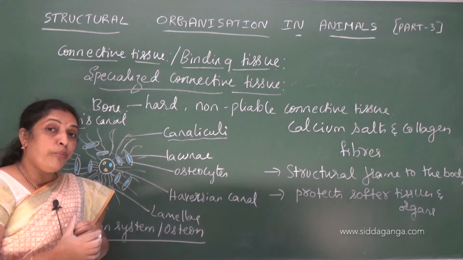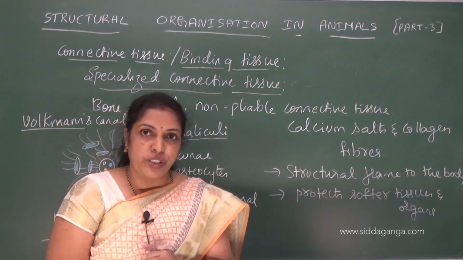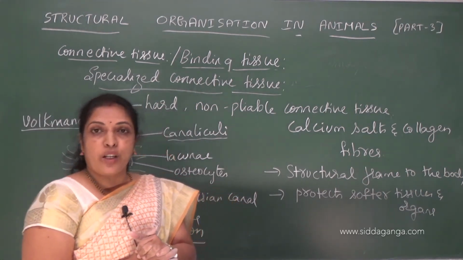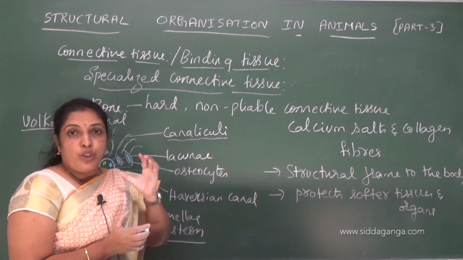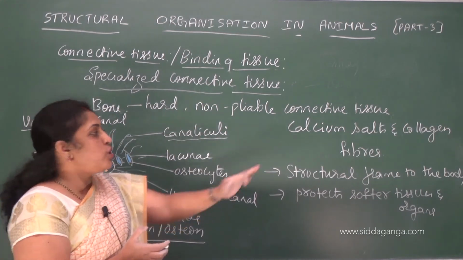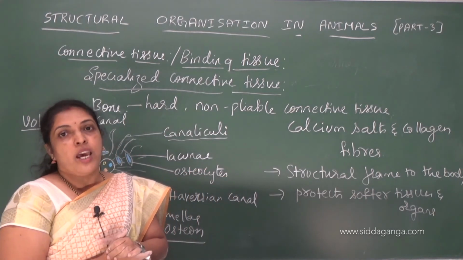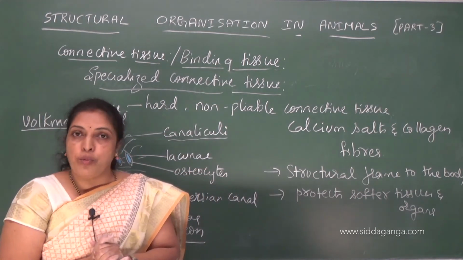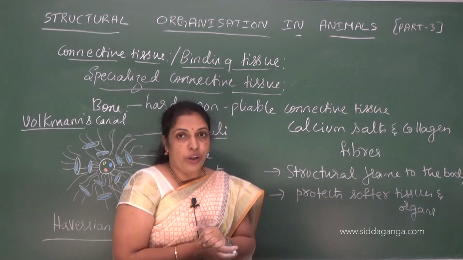This is about bone. So bone is a hard, specialized connective tissue. It is non-pliable and it provides strength to our body due to the deposition of calcium salts and collagen fibers. It provides a structural frame to the body and it protects softer tissues and organs.